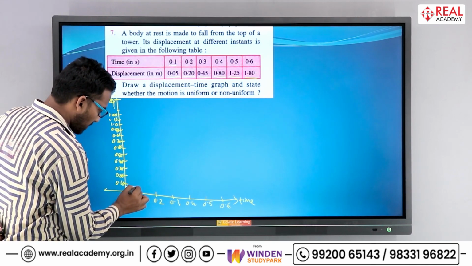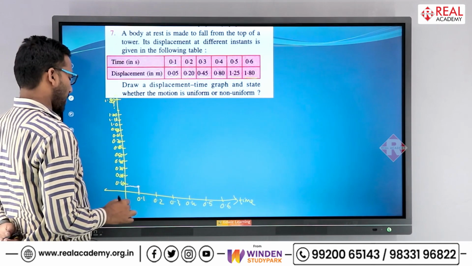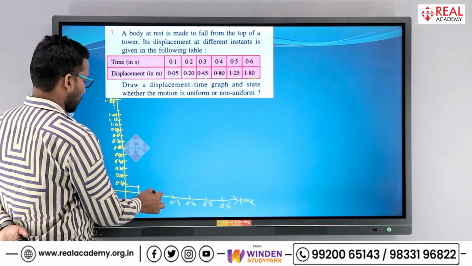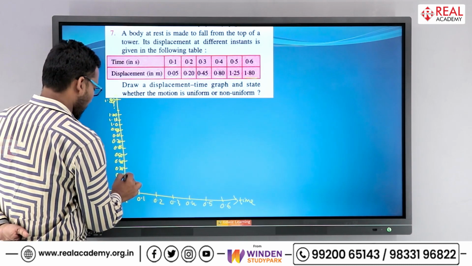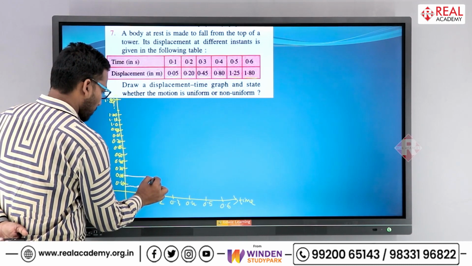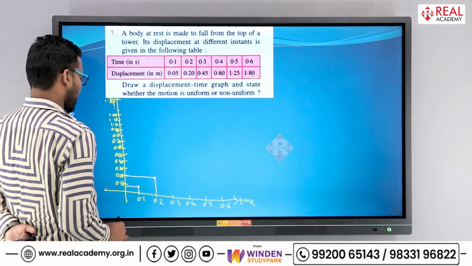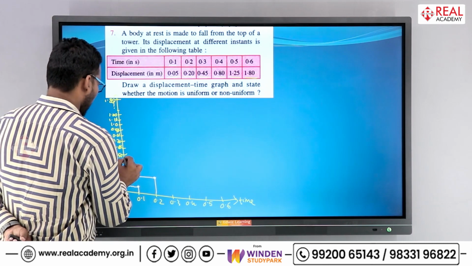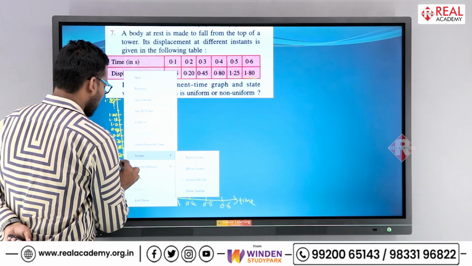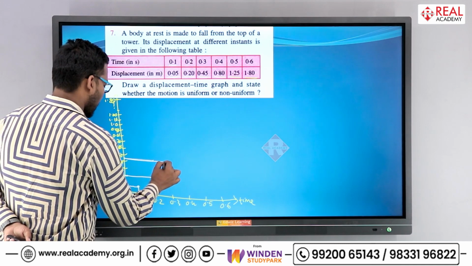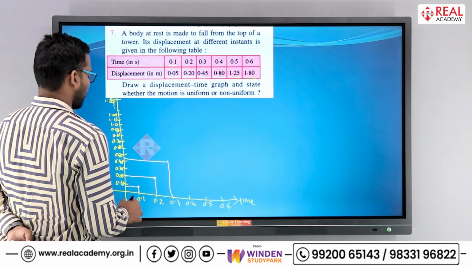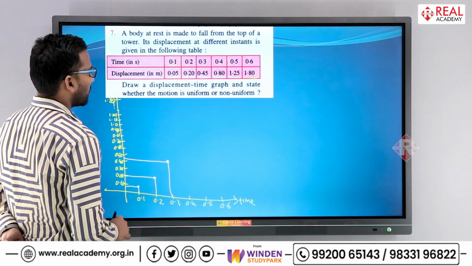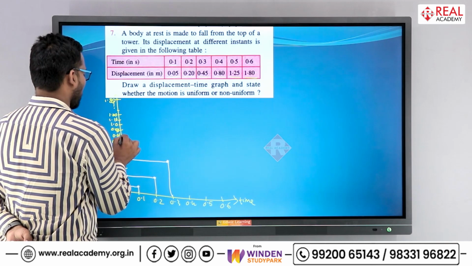For 0.2 seconds the displacement is 0.20. For 0.3 seconds the displacement is 0.45. For 0.4 seconds the displacement is 0.80.